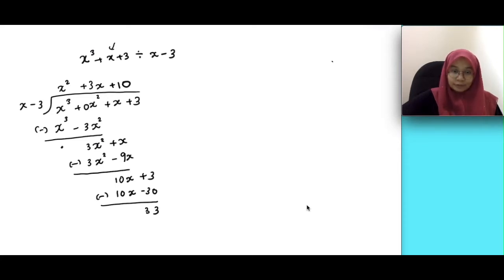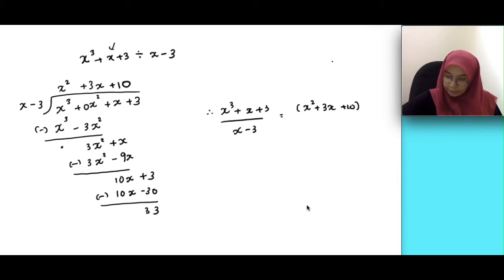Okay, put it all into the form, you will get x cubed plus x plus 3 divided by x minus 3 is equal to x squared plus 3x plus 10 plus the remainder 33 over the division x minus 3. Okay, this is how you want to do the long division.